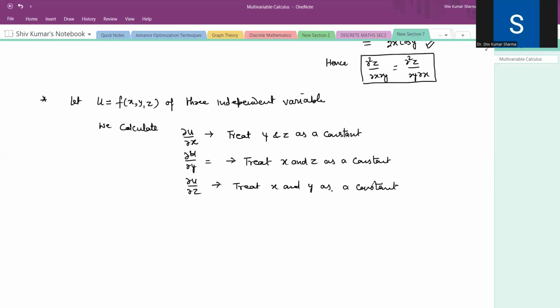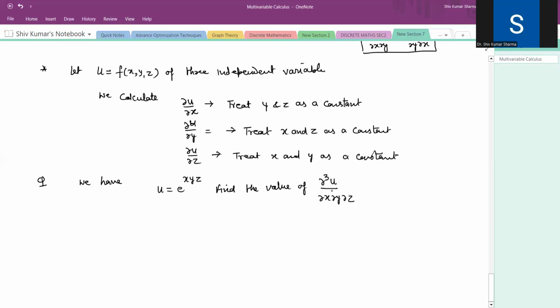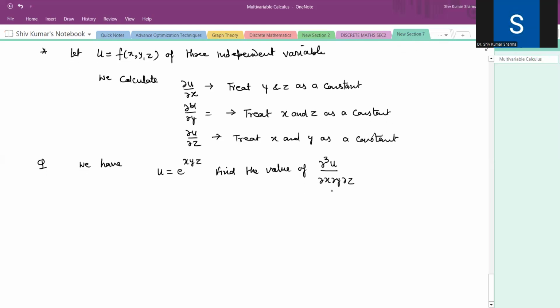So suppose we have the function u equal to e raised to the power xyz. We find the value of ∂³u/∂x∂y∂z.